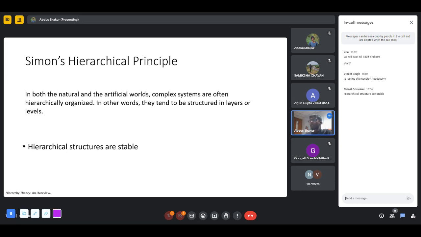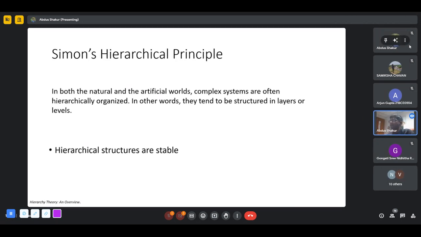This principle mostly talks about the natural world, and you have examples in artificial worlds also, speaking mostly about how complex systems are often hierarchically organized. They are like subsets within subsets, or smaller puzzles put together to form the bigger one.